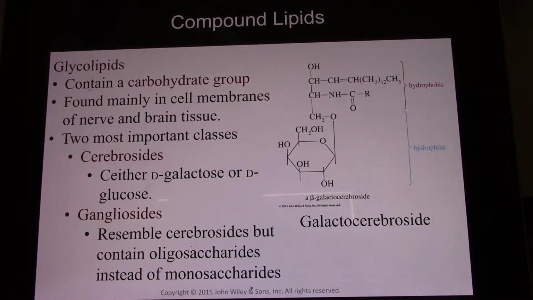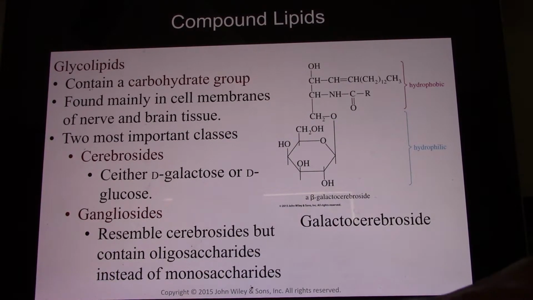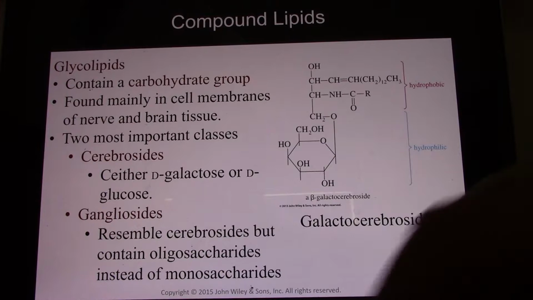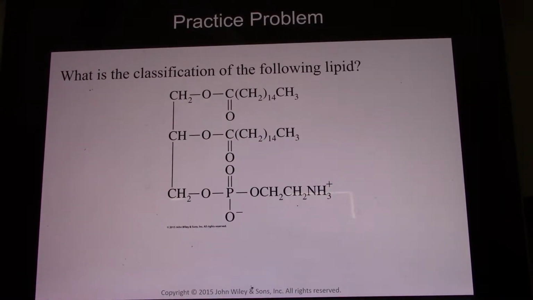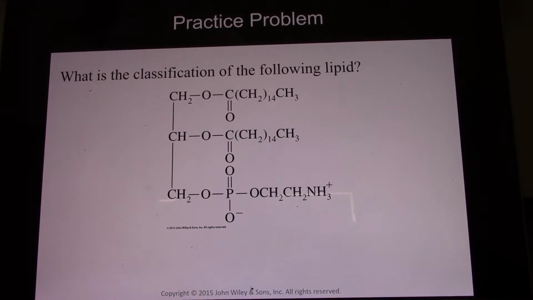And here we see gangliosides resemble cerebrosides but contain oligosaccharides instead of monosaccharides. So instead of just a D-galactose or a D-glucose, you'd actually have 2 to 6 monosaccharides linked together here in a ganglioside.